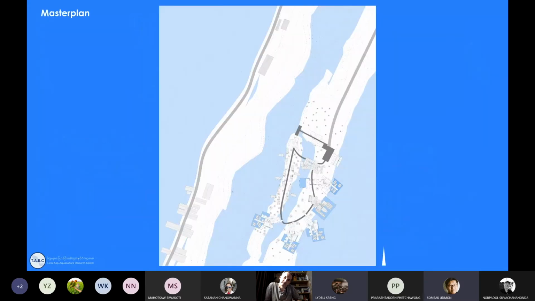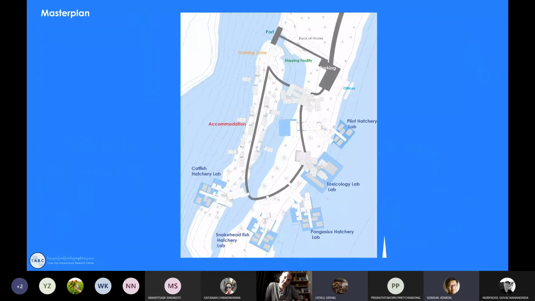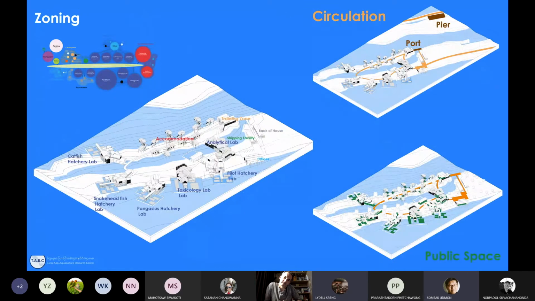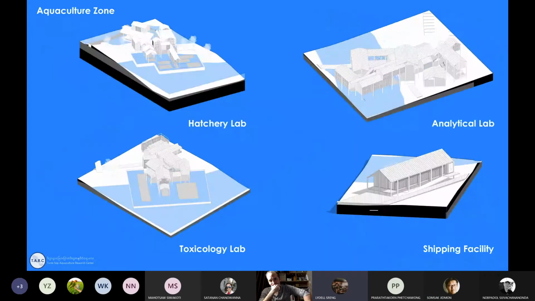So in the second prototype, what I did was use those tectonics and translate them for the different labs that I had in there, and also the training facilities, accommodation and offices.